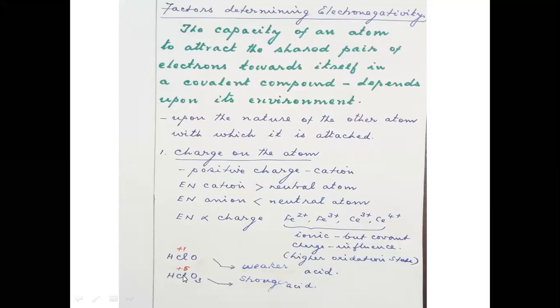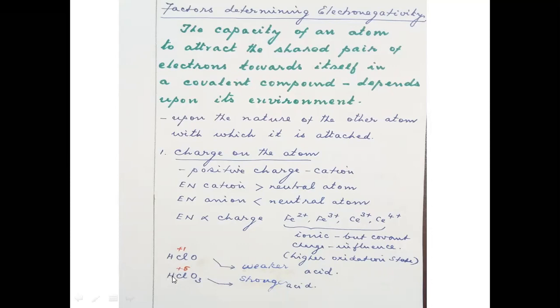Hence, the electronegativity of this chlorine is high, and the electronegativity of this chlorine is low. So what happens? Because of the high electronegativity, it attracts the shared pair of electrons and almost leaves the hydrogen electron-less. So what will happen? This hydrogen will come out of the system forming an H+ ion.